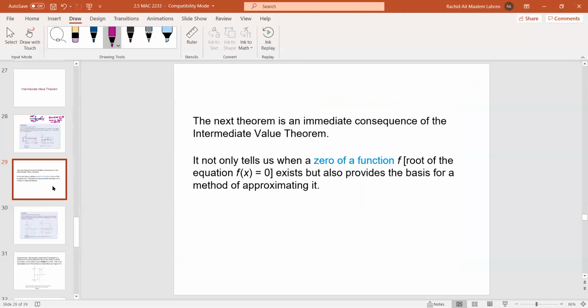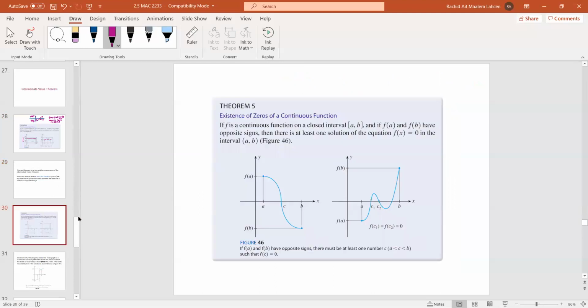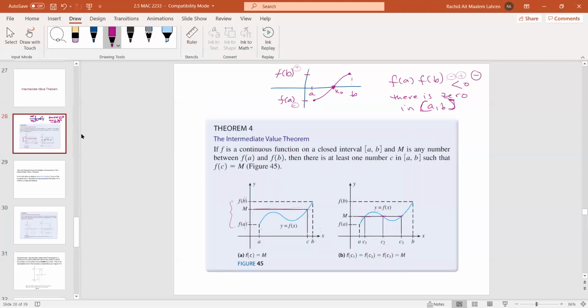The next theorem is an immediate consequence of the intermediate value theorem. It tells us about the 0, the one I explained. Why are we able to say this? We can't say this unless the function is continuous, because it could jump, right? If it jumps, then it won't apply.